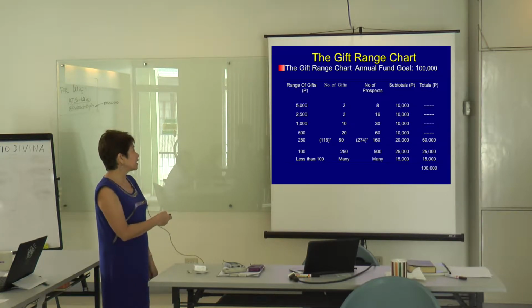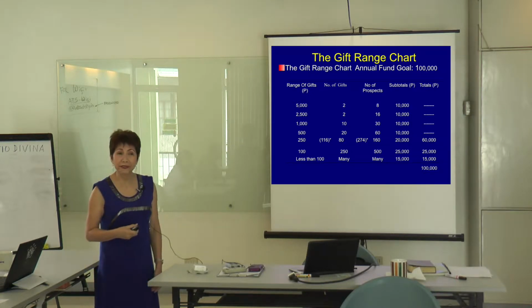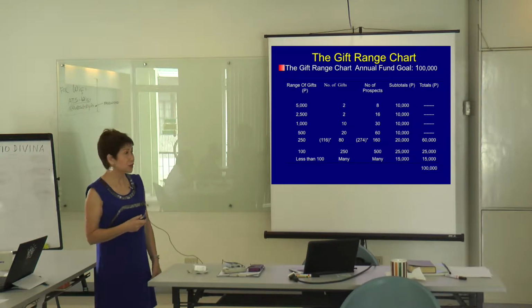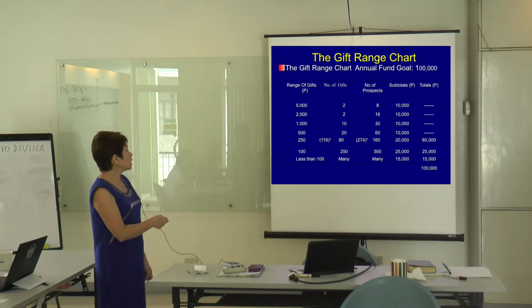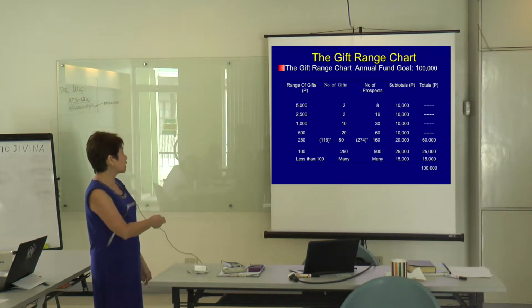So, for the first 2 gift categories, that's already 20% of what you need to raise, correct? 20%. Now, you need 16 prospects in order to get the 2 gifts. And so on down the line.